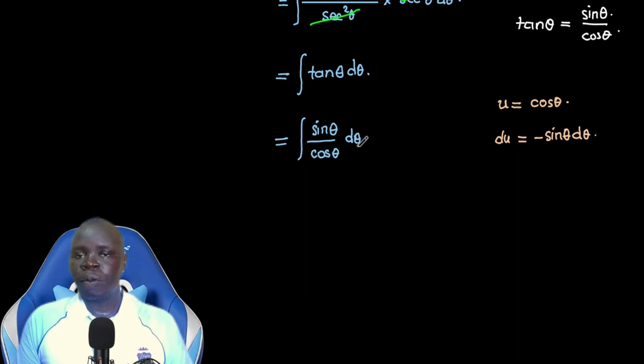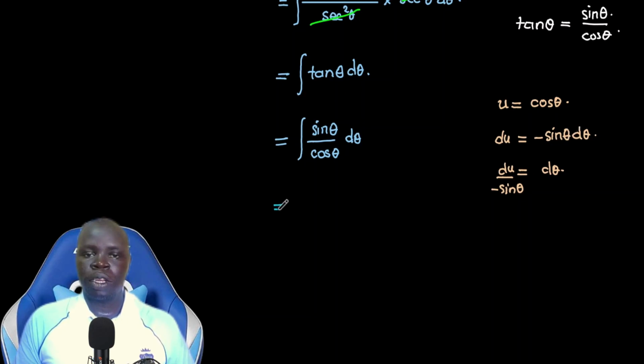So since we have d theta here, we have to make d theta the subject of this formula. So we'll have here du over negative sine theta equals d theta. We simply divided both sides of this equation by negative sine theta.